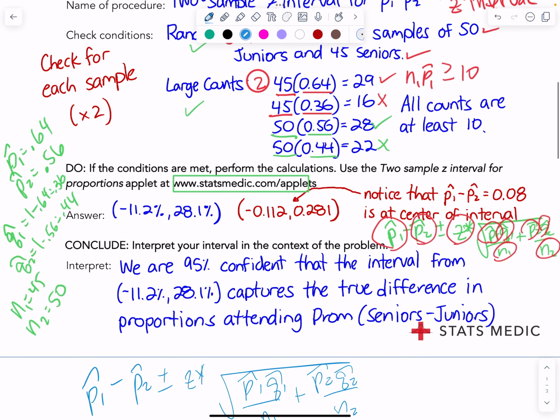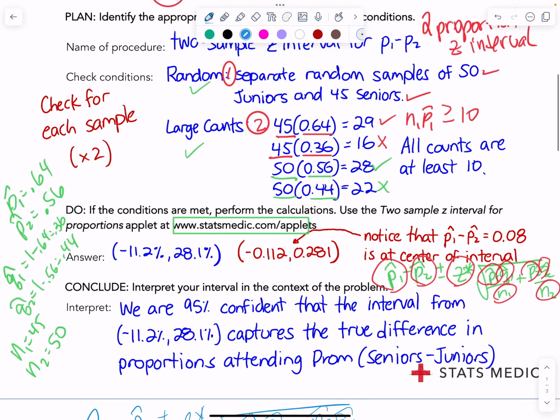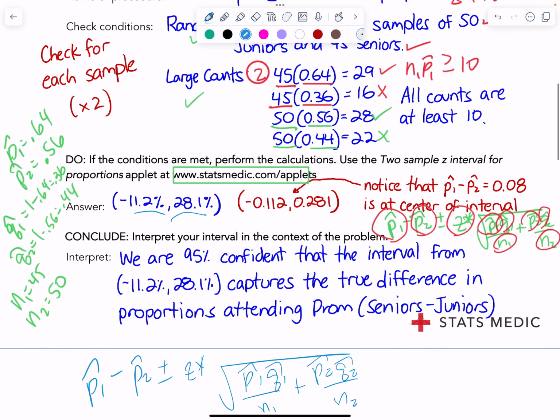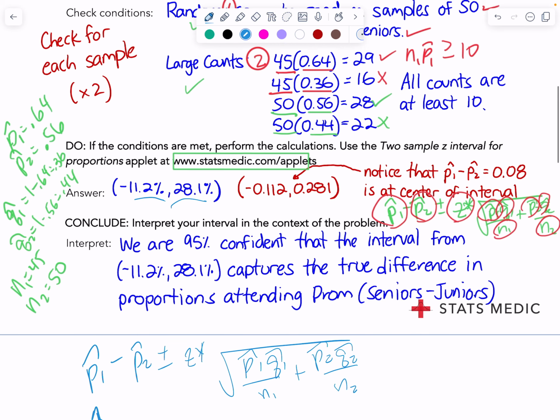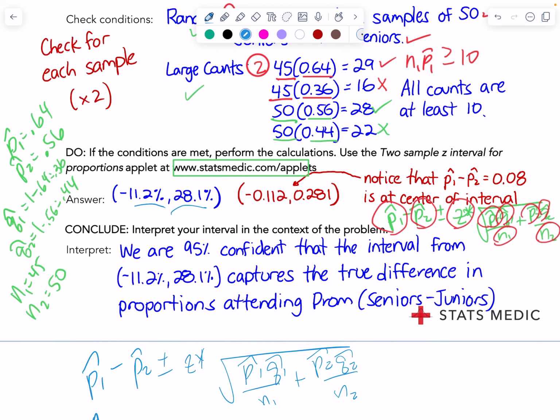And if you see, that's exactly what we got here. So this is from negative 11% to 28%. So what that means is we're 95% confident that the interval between negative 11.2% and 28.1% captures the true difference in proportions of those attending prom, seniors minus juniors.